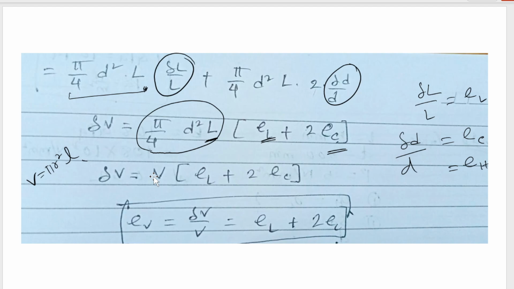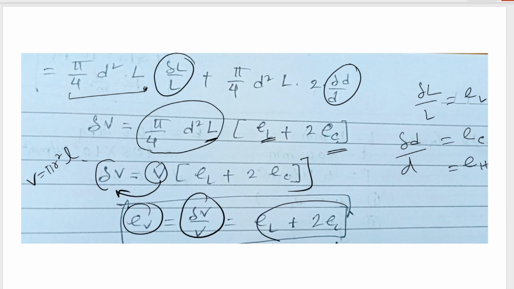So you end up getting the value for the change in volume. Now if you bring V down, delta V by V is your EV, and this is EL plus 2 EC. Here EL is the longitudinal strain, and EC is the hoop strain or circumferential strain.